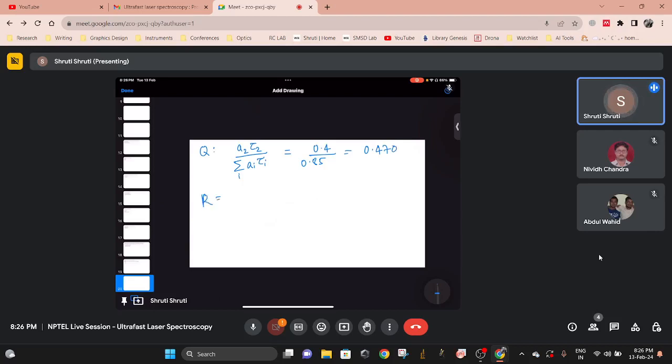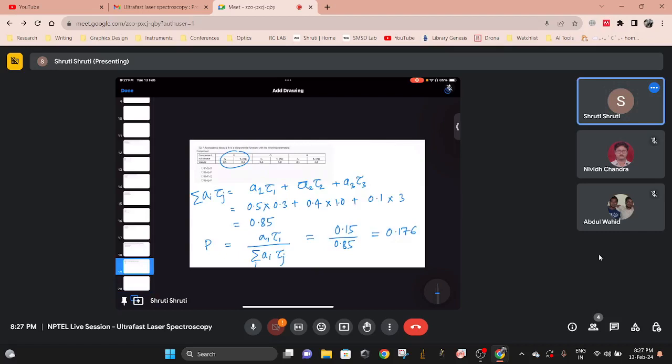And similarly you can calculate for R, 0.3 divided by 0.85 will be 0.352. So which has the highest contribution? Q, then R, then P. But there is no such option. Q, R, then P.